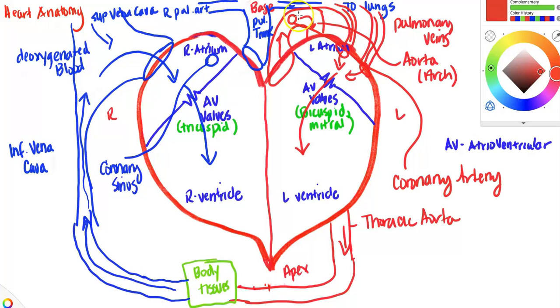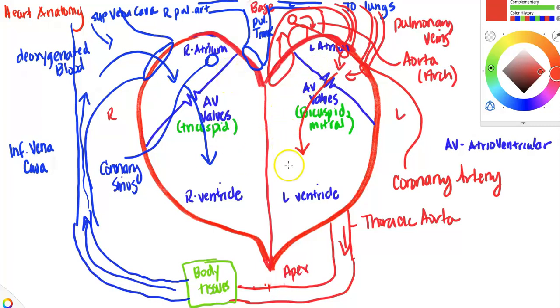And this will send blood to the heart. Okay, so the coronary artery sends oxygenated blood through the heart itself, so the heart can use the blood, because it needs oxygen and all that. And then it takes its used blood and sends it through the coronary sinus, which is a vein, back into the right atrium.